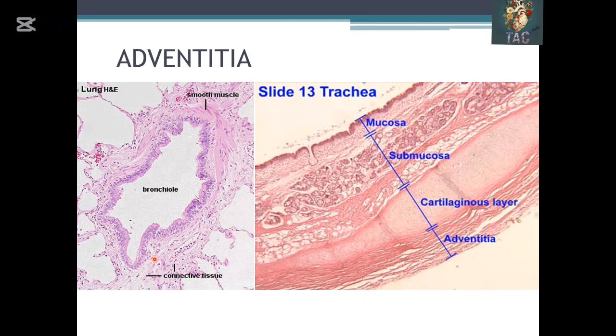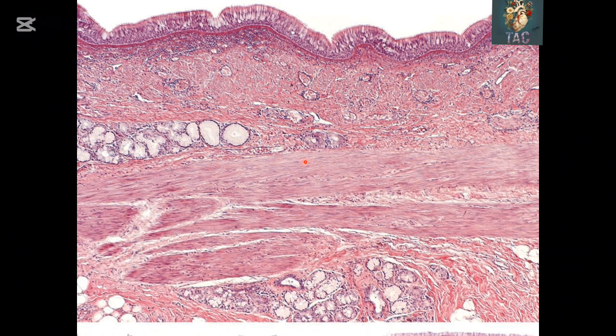This is the picture of the lung, in which you can see the section of the bronchiole. This slide is also very important because it is taken from the posterior aspect of the trachea, where usually cartilage tissue is not present. Where the cartilage ends, between the two ends of the cartilage you can see smooth muscle, also called the trachealis muscle.